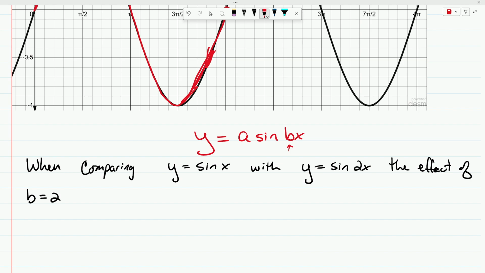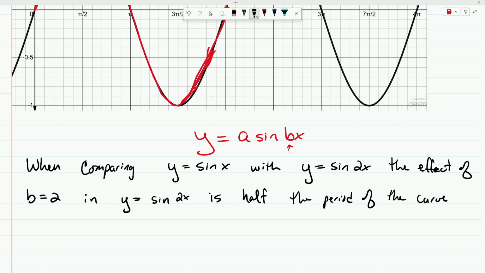All right, so that's what I mean by b equals 2. So the effect of b equals 2 in y equals sine of 2x is half the period of the curve y equals sine of x.